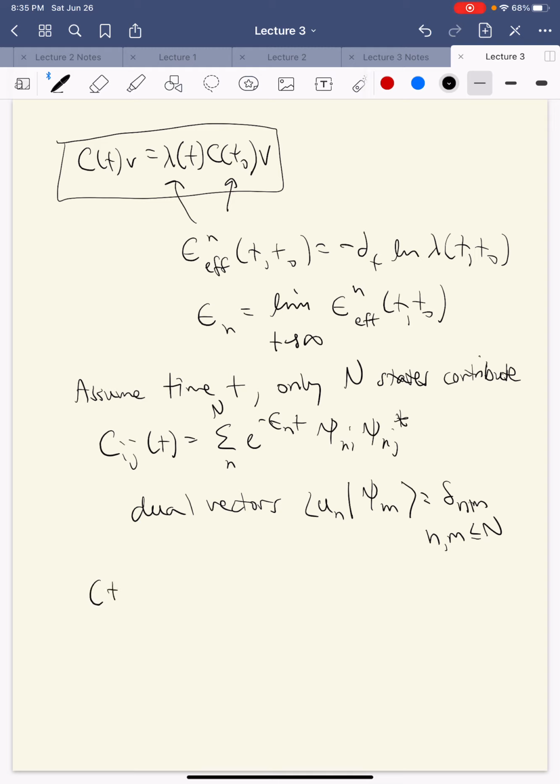Okay. So I can now apply my correlation matrix onto my dual vector u_n. And when I do that using this orthogonality here, I get that it picks off the psi_n with e to the minus E_n. And then using my generalized eigenvalue problem, this is also equal to my lambdas.